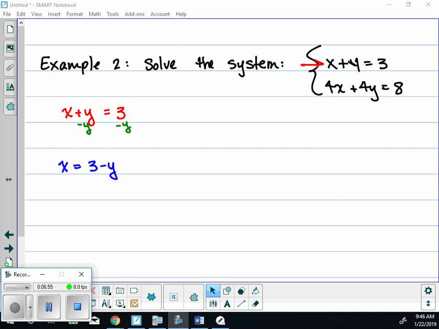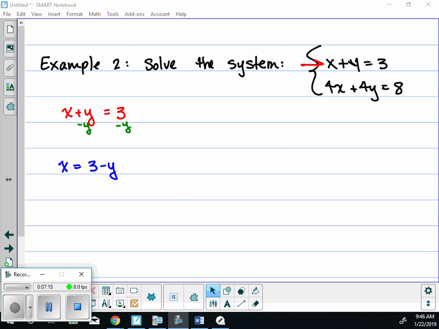Negative y plus 3 would be a little bit more technically correct, but for the purposes of this, I don't think it really matters. So we changed around the first equation to get x by itself. Now we're going to use the second equation to plug it in. Don't plug it back into the first equation or it's just going to give you 0 equals 0.